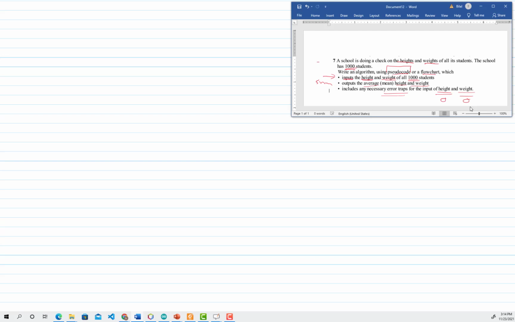One more thing: the height of any person on earth will not exceed 300 centimeters, and this is logical. And weight we can also limit, let's make it 400, because no one will be more than that. So these are the error traps for the input of height and weight.